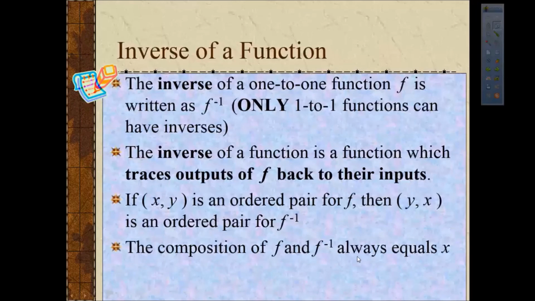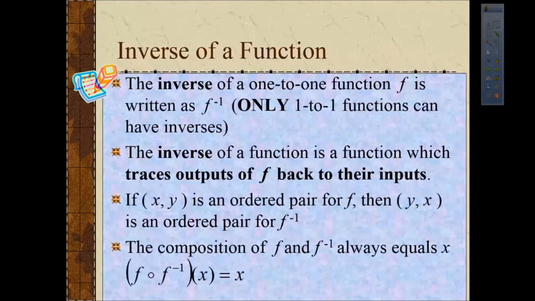Here's another key fact about functions and inverses. The composition of f and f inverse always equals x. So you may remember from our warm-up, we composed two functions and the result was x. Well, the reason the result was x was because the functions that I gave you on that warm-up were inverses of each other.